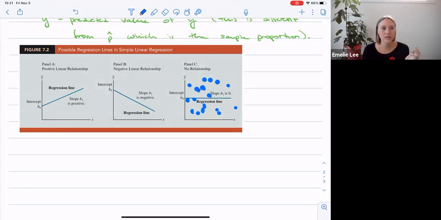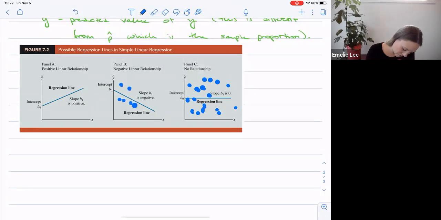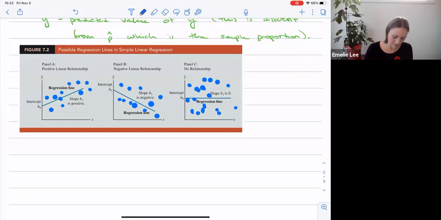Whereas if you have a relationship that looks kind of like this, or like this, it should be fairly obvious which direction your data is going.